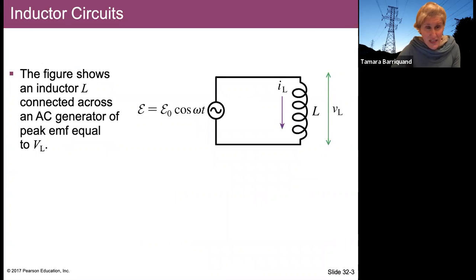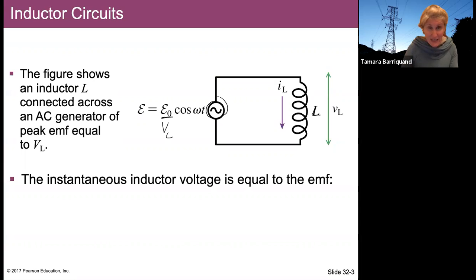So now we're going to take our figure here where we have an AC circuit with an inductor. The figure shows an inductor L connected across an AC generator of peak EMF, right here, equal to big V sub L. So that means that the instantaneous inductor voltage right here, little v sub L, is going to be equal to the EMF.